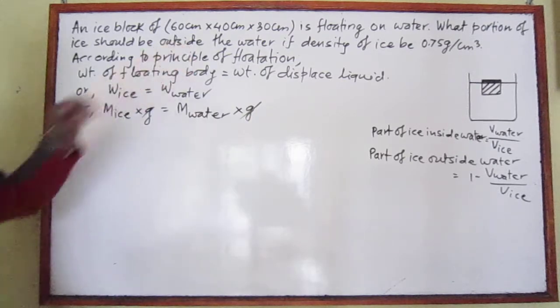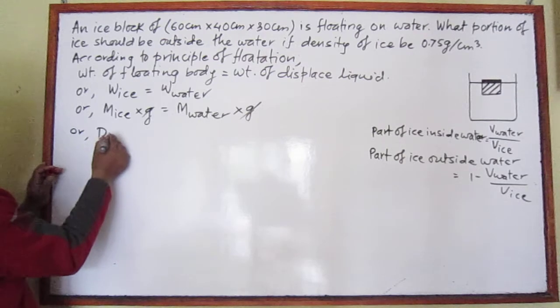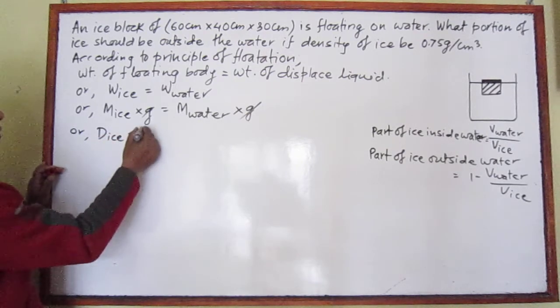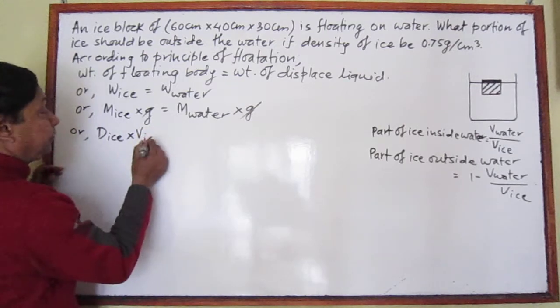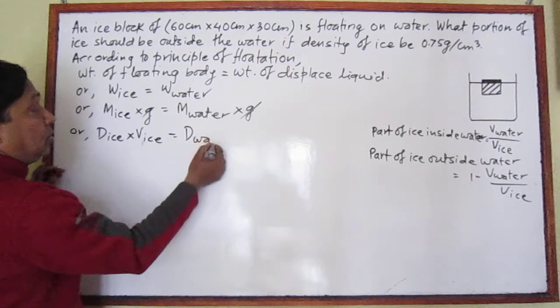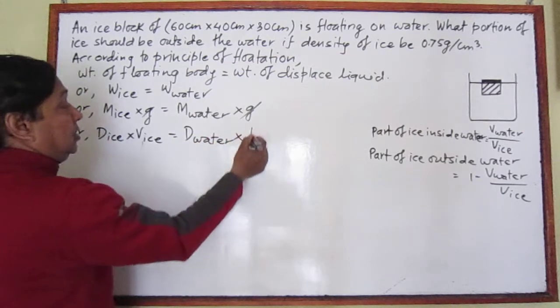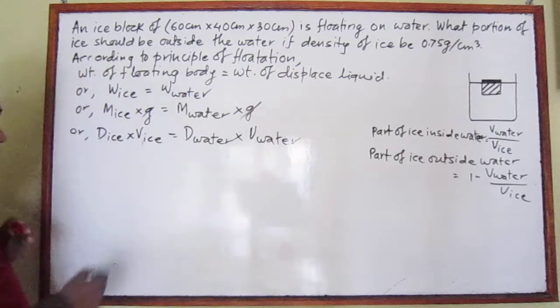Now the mass of ice is not given, so I can write it this way also: density of ice into volume of ice is equal to, here also, density of water into volume of water. How can we write so?